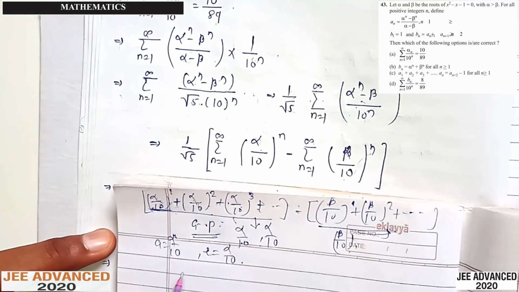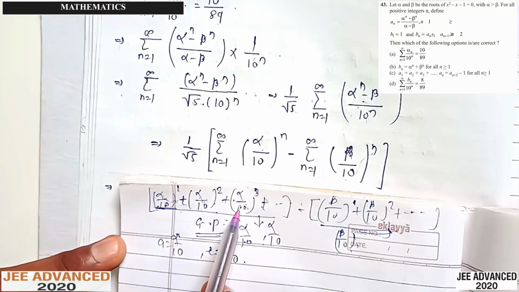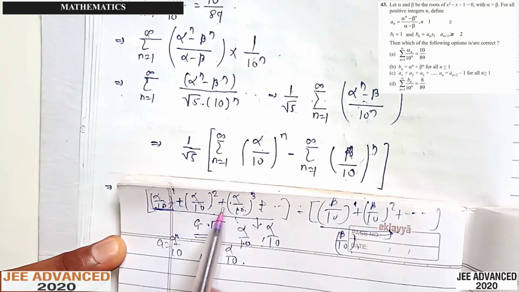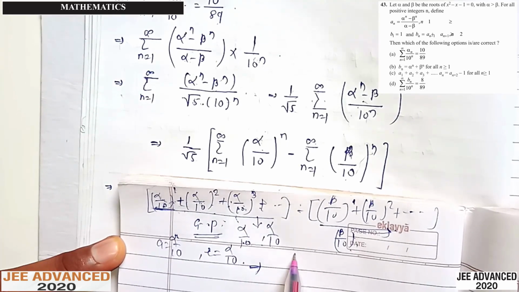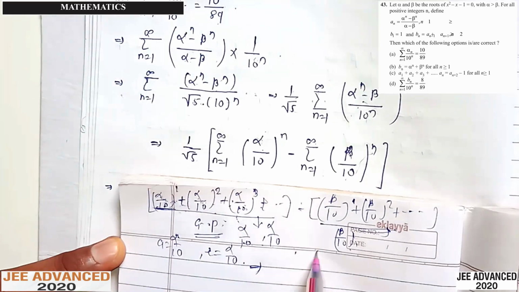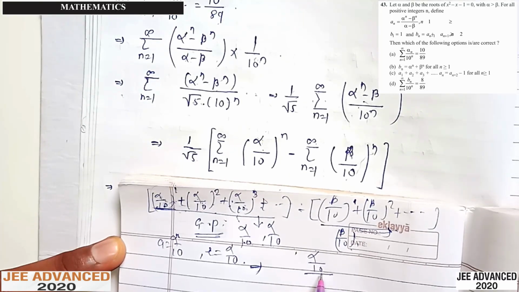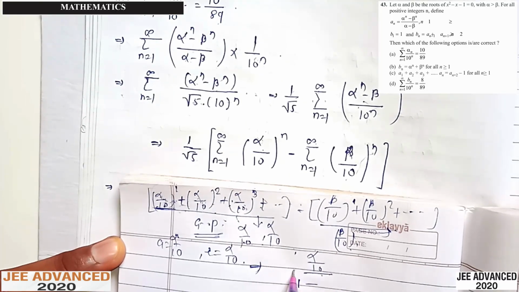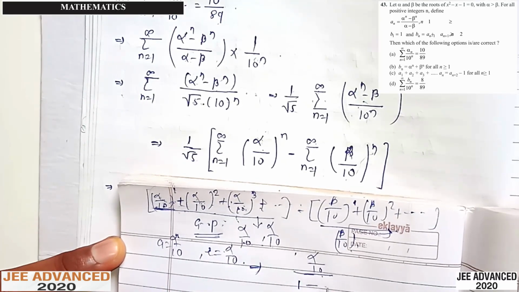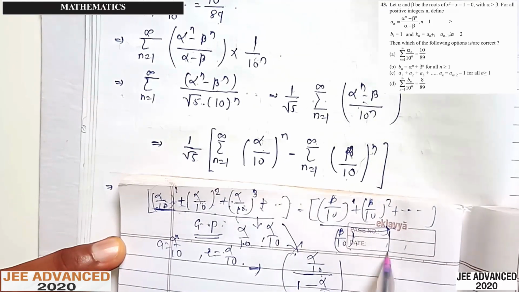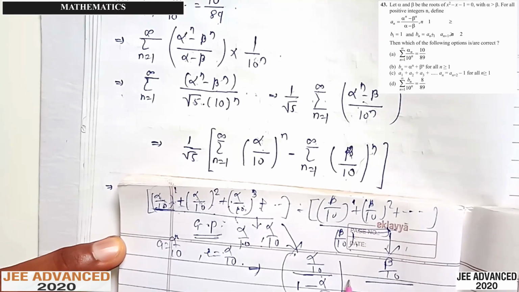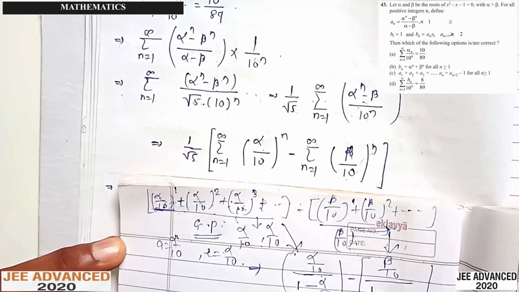When we have such a geometric progression, we write the sum as the first term, alpha by 10, upon 1 minus the common ratio, alpha by 10. I did this only for alpha by 10, so do it for beta by 10: first term beta by 10 upon 1 minus the common ratio, beta by 10.